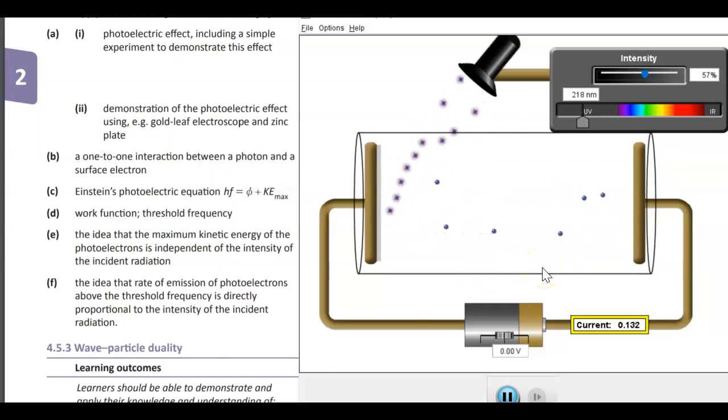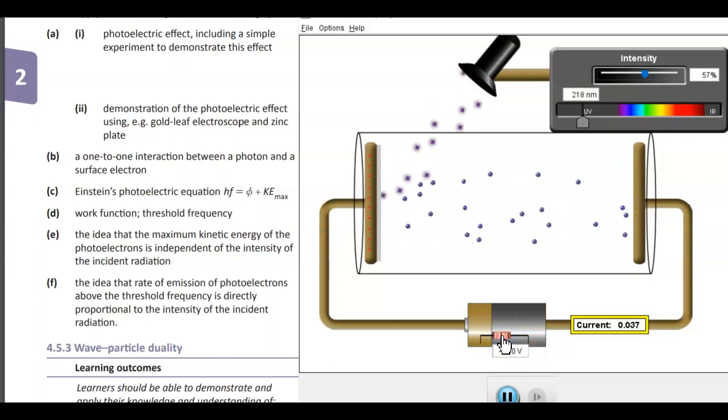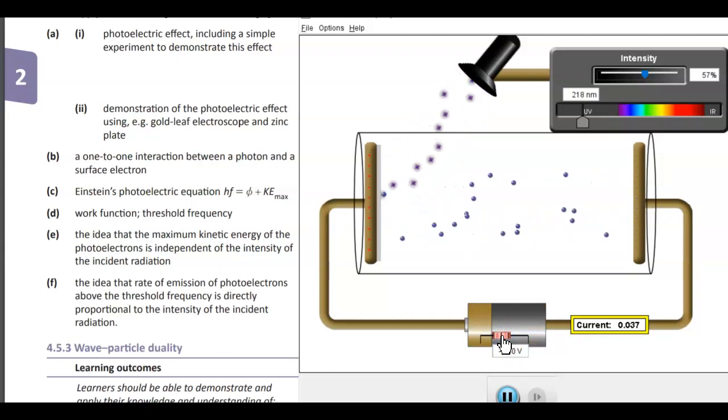So what we can do is measure the maximum energy by making this electrode negative, because the electrons are already negatively charged. So if they move towards something which becomes negative, they get repelled and they start to slow down. So I can do that by making this battery voltage negative, and you should start to see, as I make it negative, some of those electrons make it all the way, but some don't, and they start to head back.